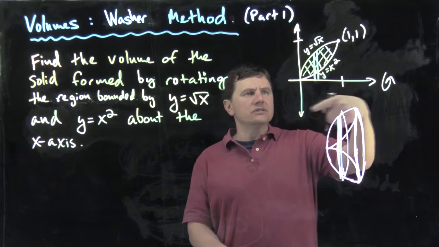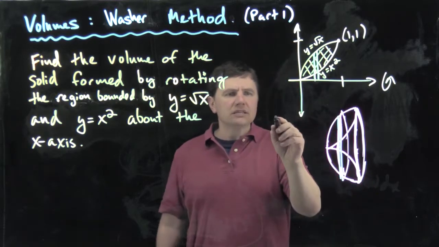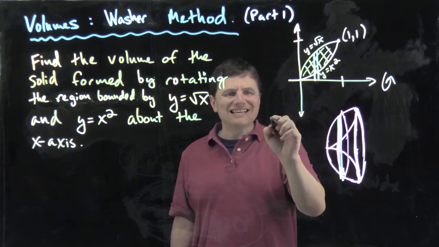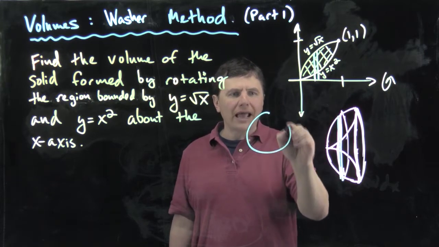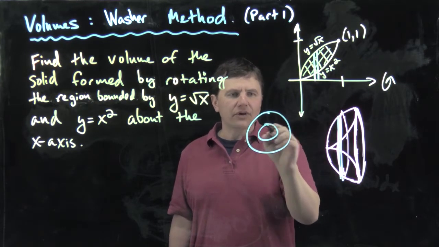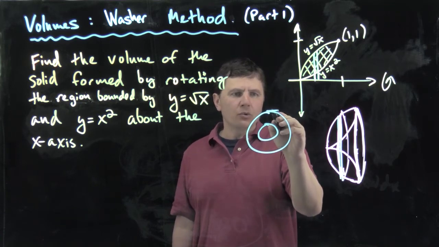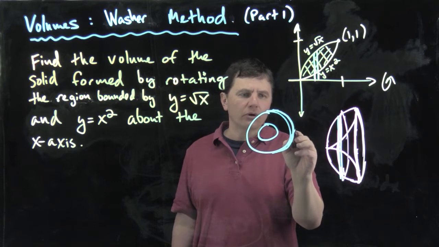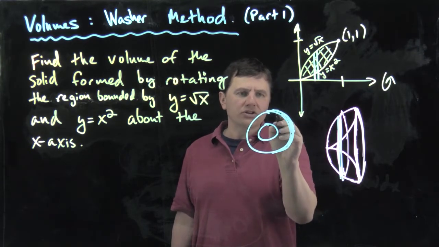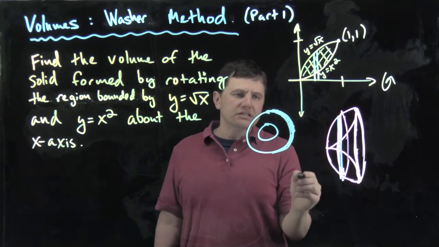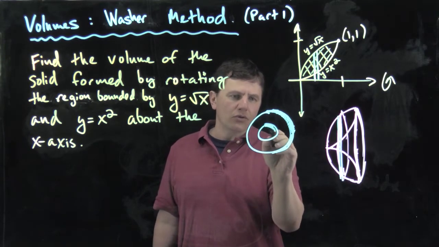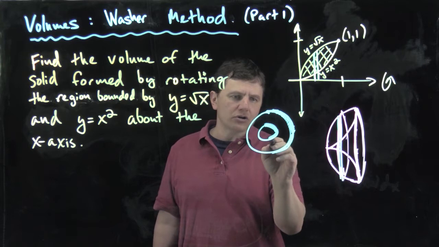Now the difference here as I rotate this around is before I had a solid disk. Now what I have is a disk with a hole in it. So we refer to this as a washer, like a washer from the hardware store. If you don't know what a washer from the hardware store is, it's just a little flat metal disc with a hole in it. And that's why we call this the washer method.